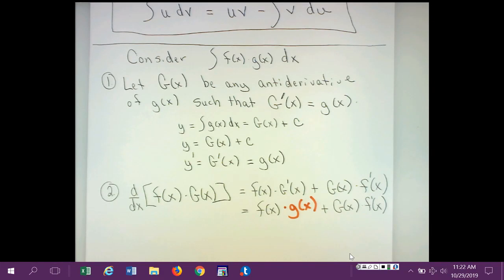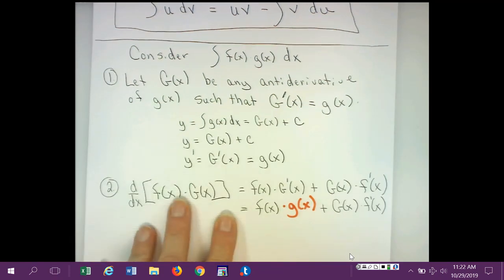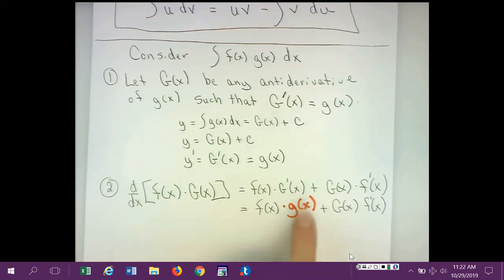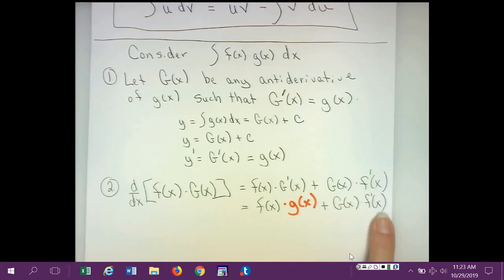Now that we have step 2, we can go into step 3. So we have just proven that the derivative of little f times capital G is little f times little g plus capital G times the derivative of little f.